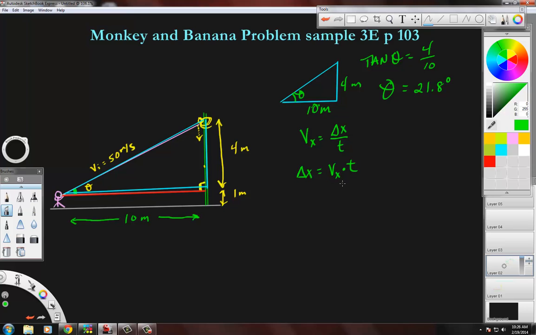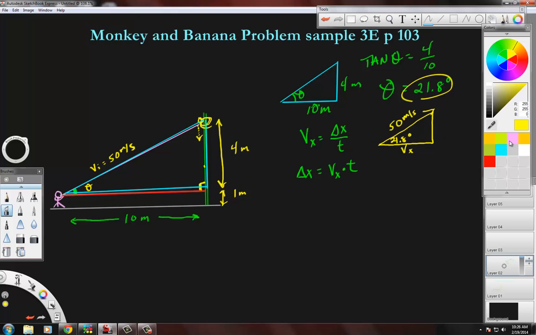The way that you would find the velocity in the x direction, very quickly, is to look at this triangle with this being your speed vector. That's the dart speed, and this is 21.8 degrees, which we just found. To figure out v sub x would be this side right here.